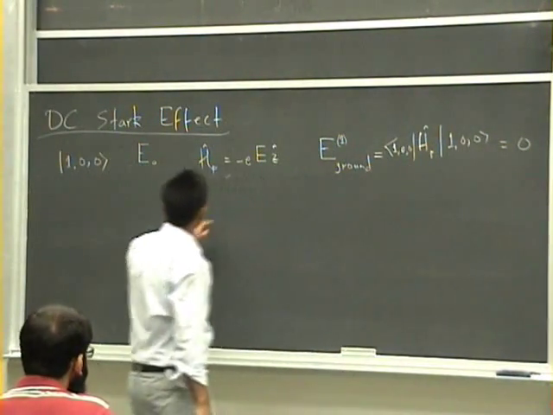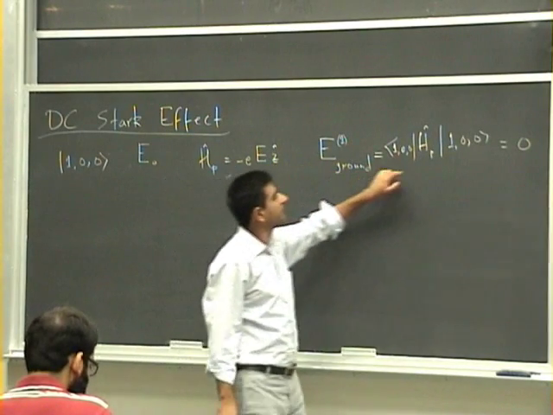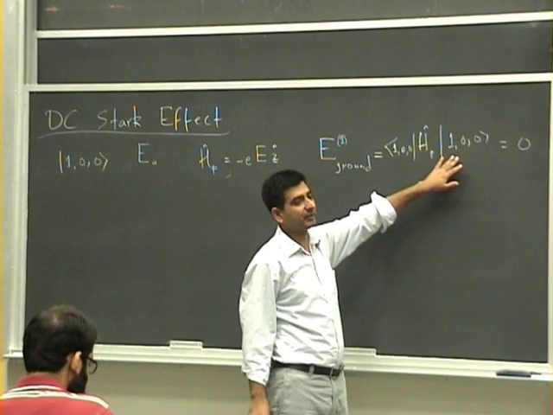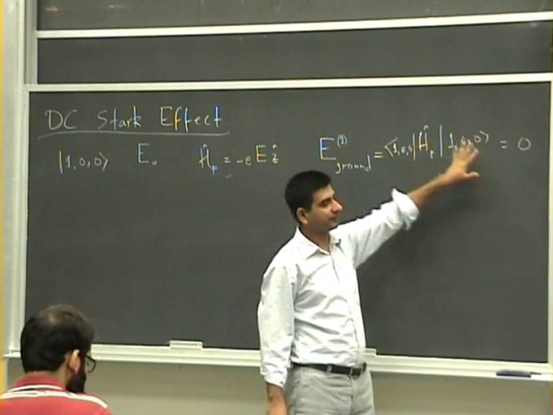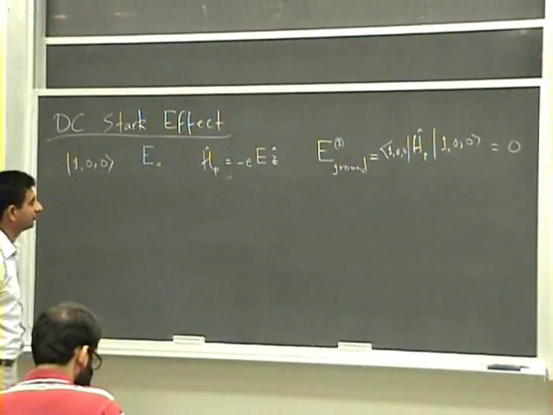The reason is that this perturbative Hamiltonian is an odd operator. These are spherical harmonic functions, both of them even. So all of this is an odd function, and its integral over all of space is 0.